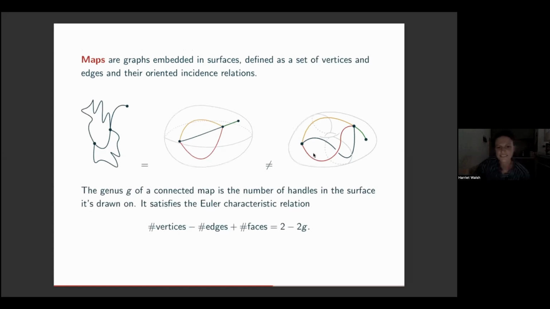And this is something we can read off the data of the map using the Euler characteristic relation. So for a map, we can draw it on a surface of genus G, so with G holes in it, if there are 2 minus 2G vertices minus edges plus faces. So that's kind of the rule.